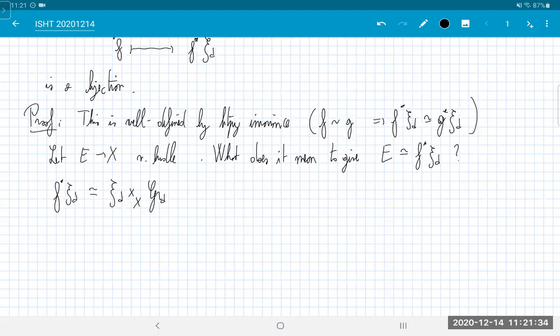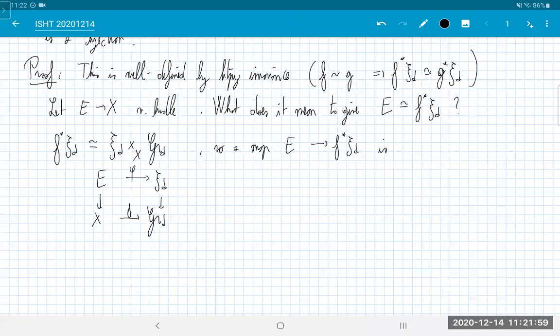So certainly giving a map from E to F upper star psi d is a map like this. And to say it's an isomorphism, it means that phi is an isomorphism on every fiber. And remember, this is a subspace here.